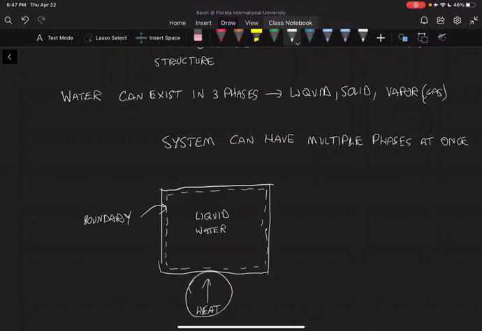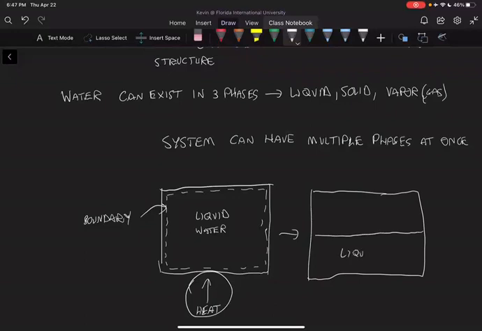And in a second instance, we're going to add heat. This liquid water is going to transform into something like this, possibly. So you might have now a two-phase system where you have liquid water at the bottom still, and you also have vapor at the top. And now you have essentially two different phases within the same system.